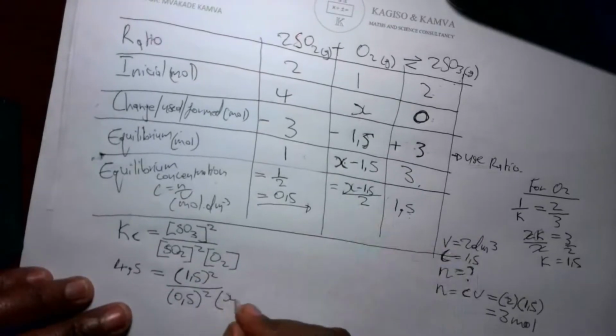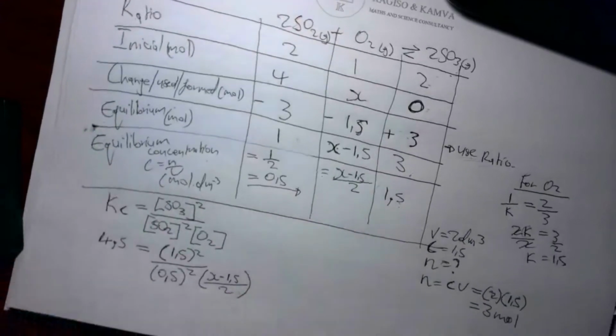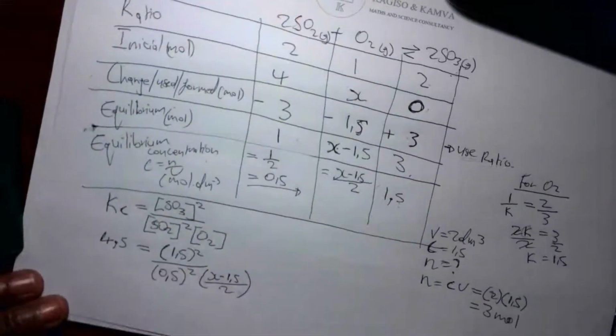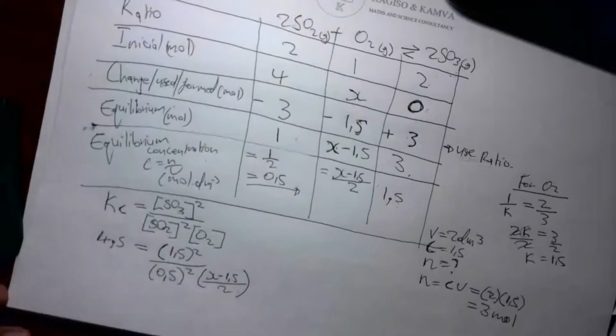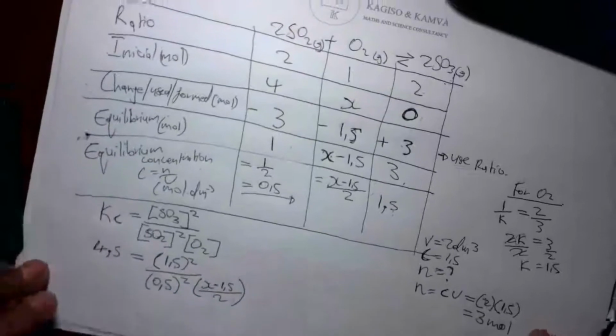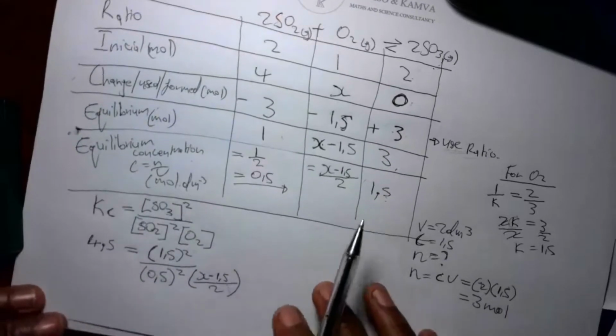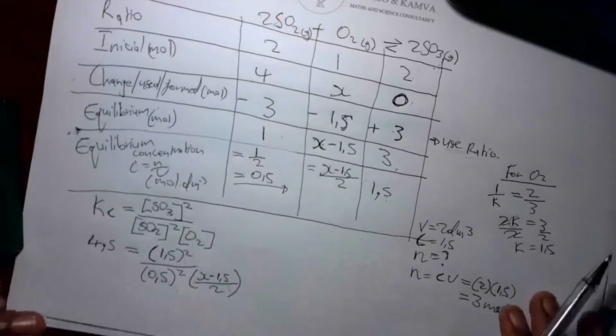For O2 we have x minus 1,5 divided by 2. Okay, so we just do the maths. And then when we do the maths, we just take this one here and we take this one there. Okay, this is more like cross multiplication.